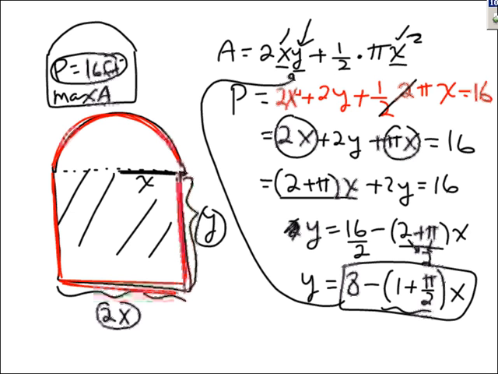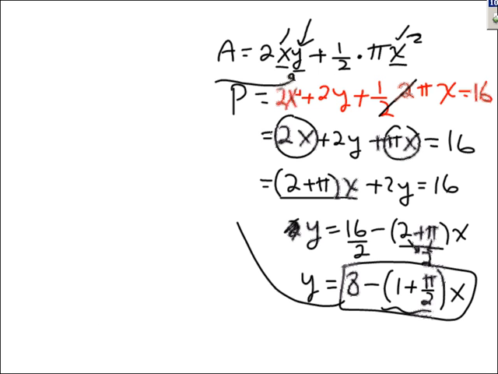So this new way of writing y, I'm going to put it right there. And then A will be in terms of one variable. Take the derivative, see where it equals 0. And take the second derivative to make sure that I have a max. Okay, so A is equal to 2x times y.